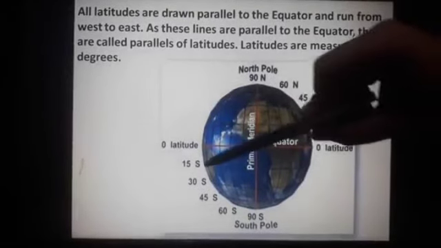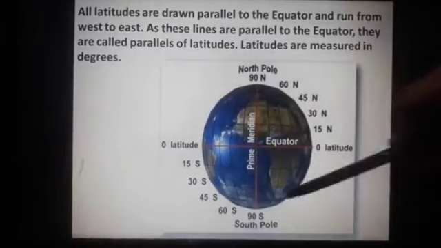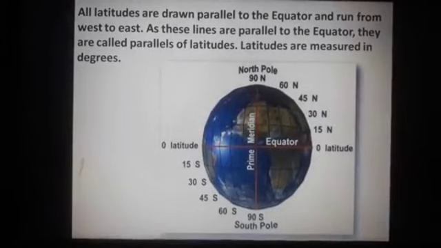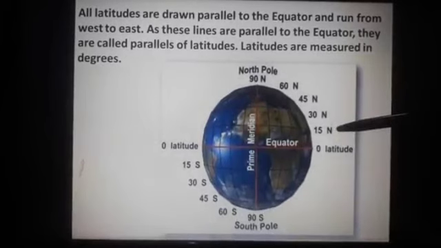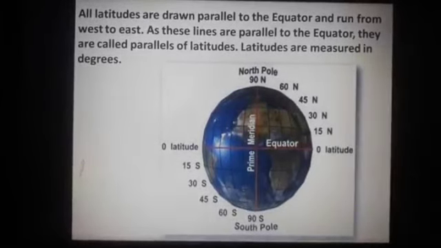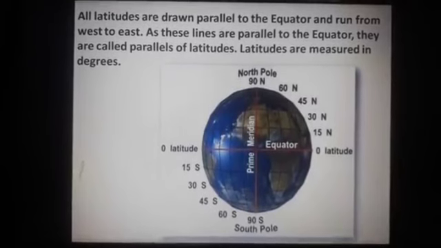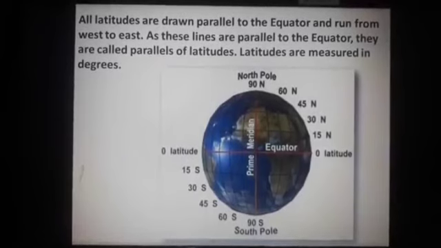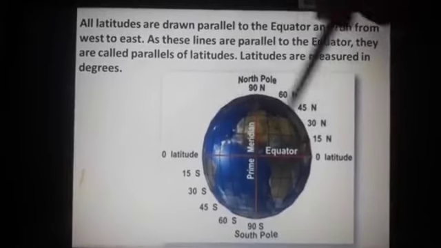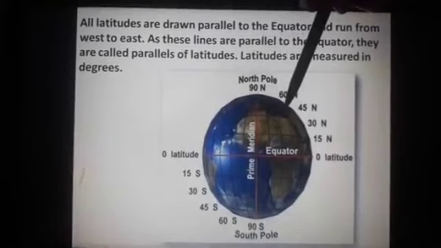Similarly, all the parallels south of the equator are known as south latitudes, and they are marked as N and S in capital letters. The N means north latitude and S means south latitude. The value of each latitude is therefore followed by either the word north or south, or the capital letter N or S. As we move away from the equator, the size of the parallels of latitude decreases, right?